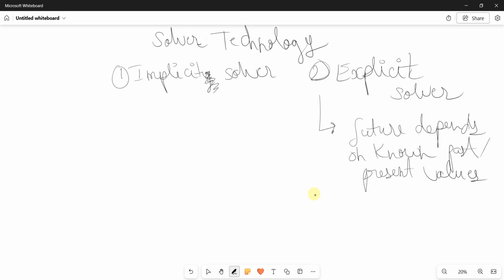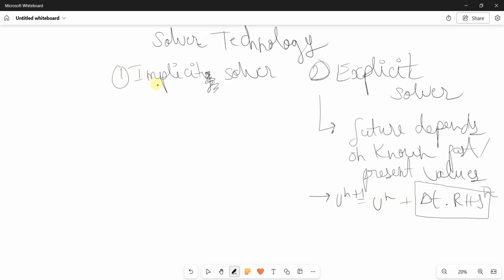So I can just write a general equation of, like, suppose u^(n+1) equals u^n plus delta t times RHS. So here, RHS at n. So what it means is it just depends on anything that is already known to us, right? So there's no other future terms.